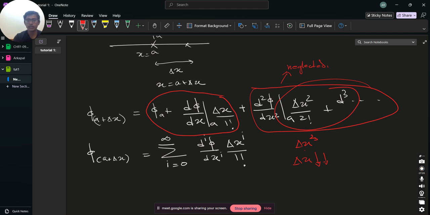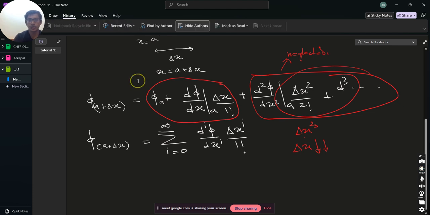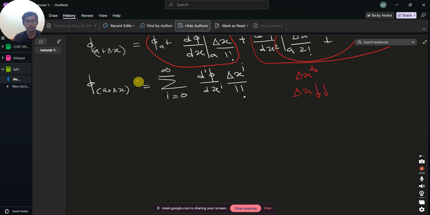You understand, right? So for example, if your delta x is 0.1, your delta x square will become 0.01, then delta x cube will become 0.001.